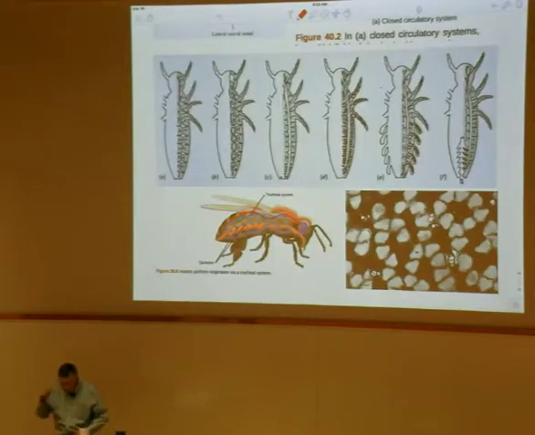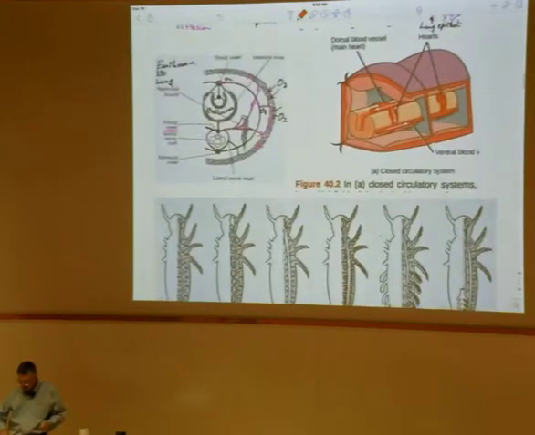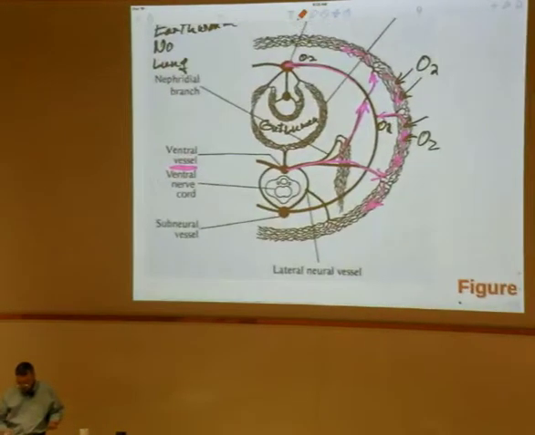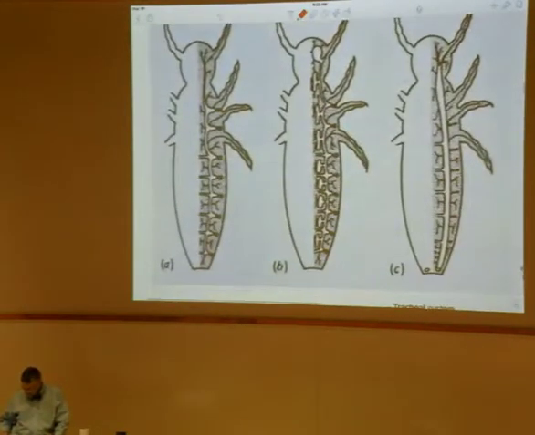So let's talk a bit more about the different systems that animals use for gas exchange. I just talked about one, lots of blood vessels right underneath the surface of the animal in an earthworm. Insects use a tracheal system.